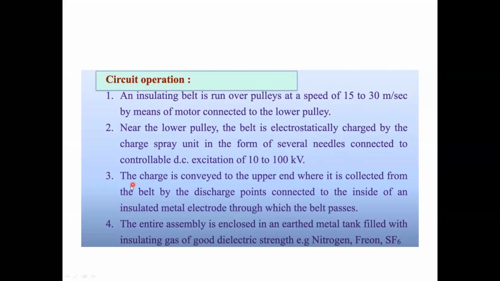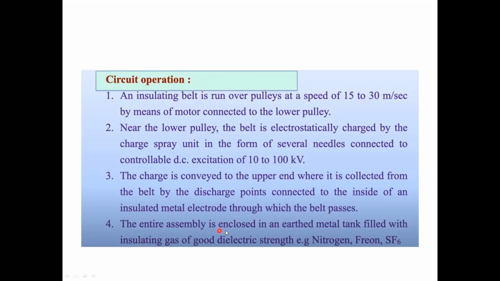Third, the charge is conveyed to the upper end, where it is collected from the belt by discharge points connected to the inside of an insulated metal electrode through which the belt passes.